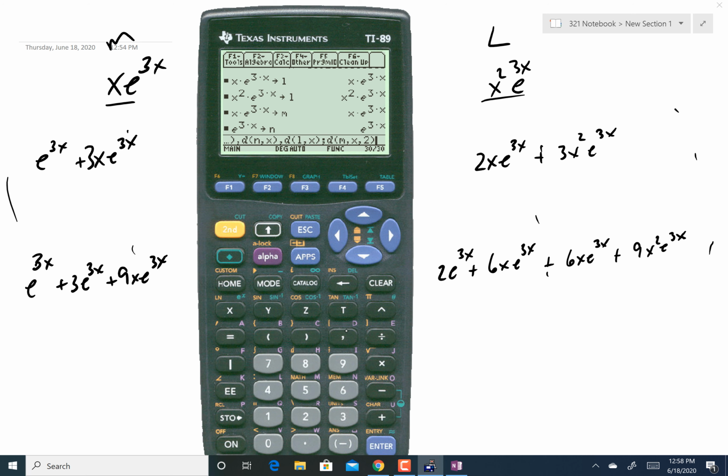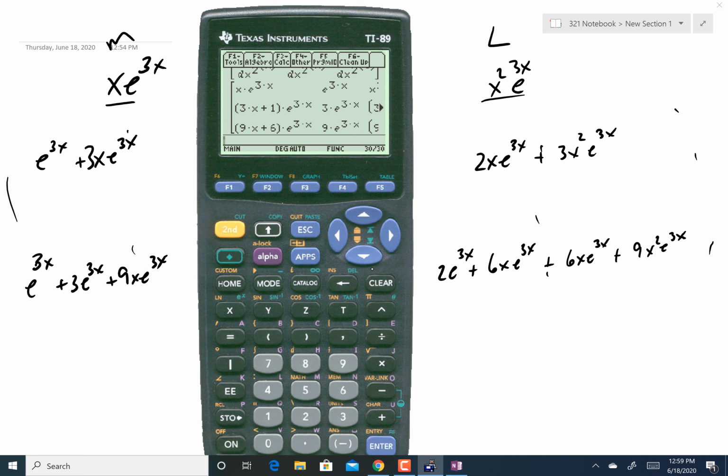Second derivative. And there's our big matrix, right?